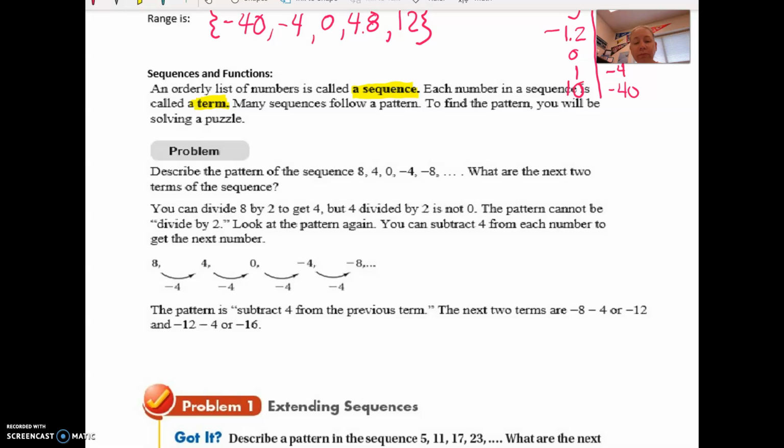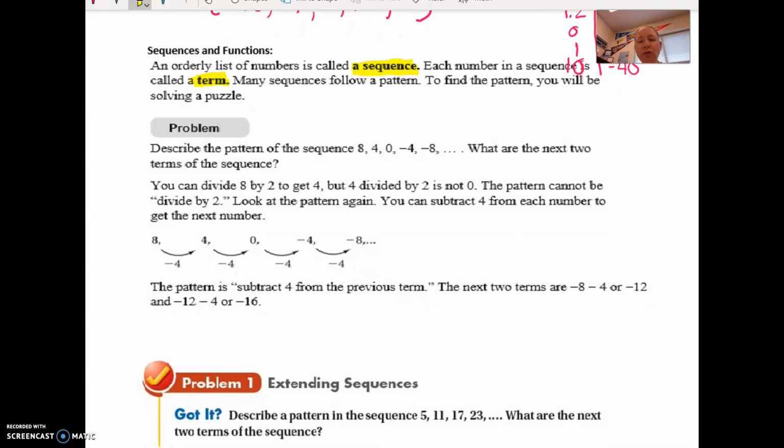In this example, they want us to describe the pattern of the sequence. What are the next two terms in the sequence? So thinking out loud, I could divide 8 by 2 to get 4. That might be an option. But if I do 4 divided by 2, that does not give me 0, so I don't think that's the rule. Then you start trying something else. The pattern can't be dividing by 2, so look at it again.